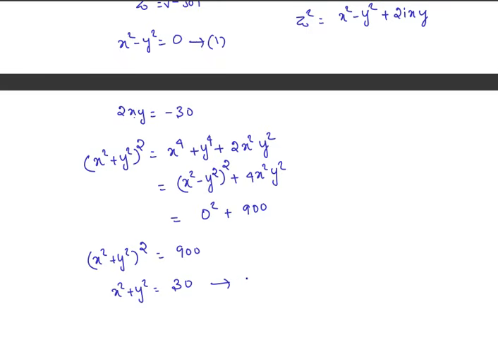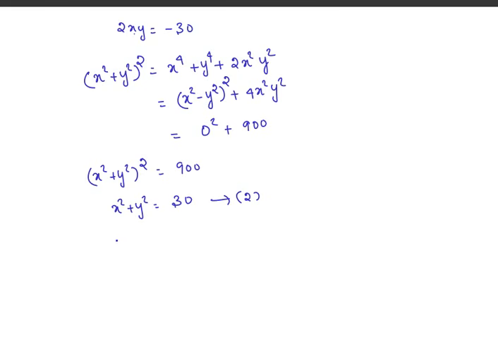This is equation number 2, you consider. So 1 plus 2, 2x square equal to 30. So x square equal to 15. So this implies x equal to square root of 15. Now you apply it here.